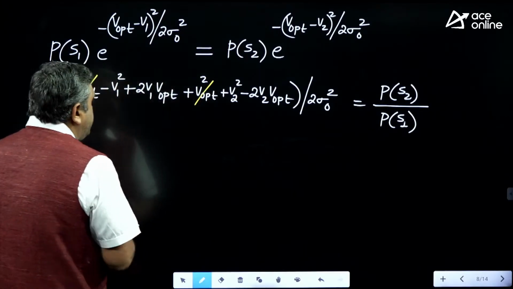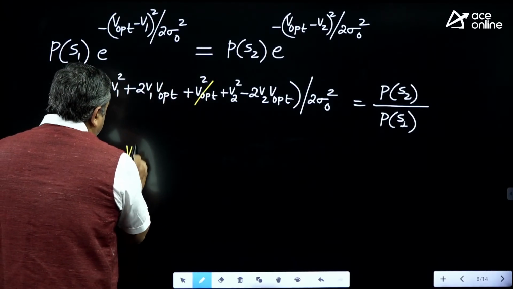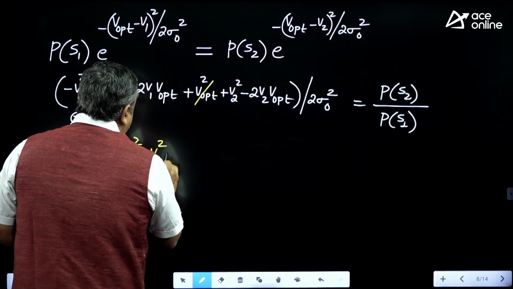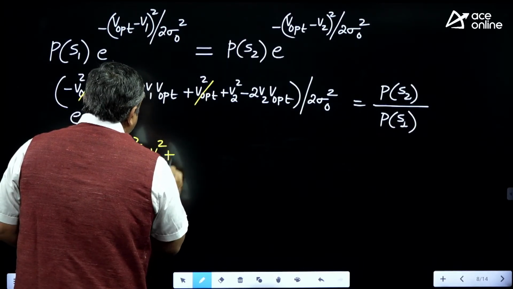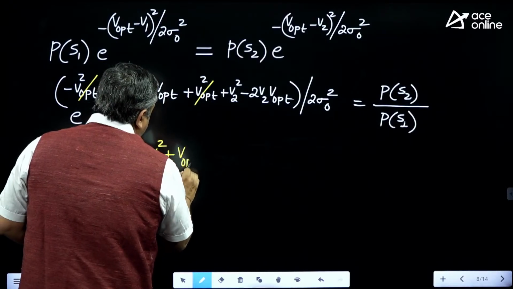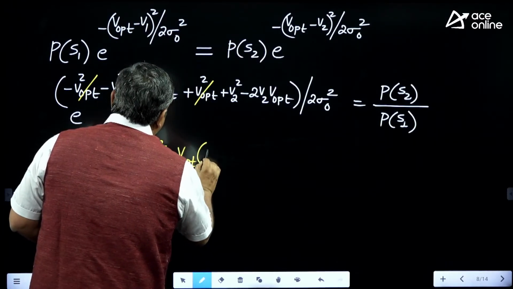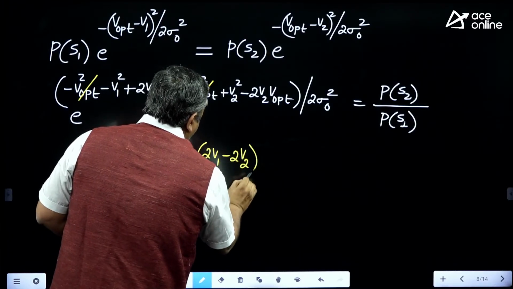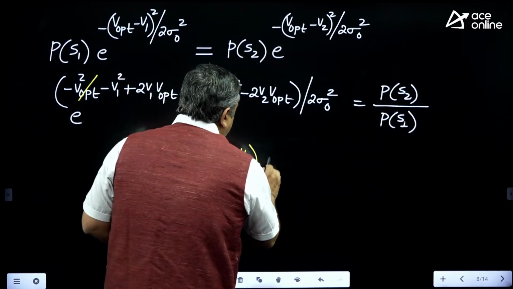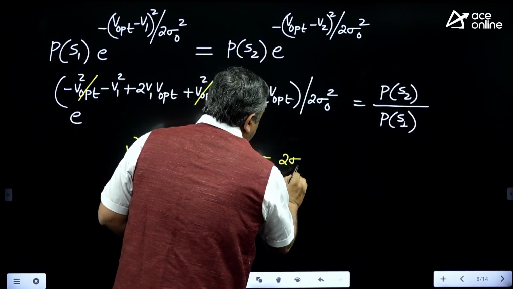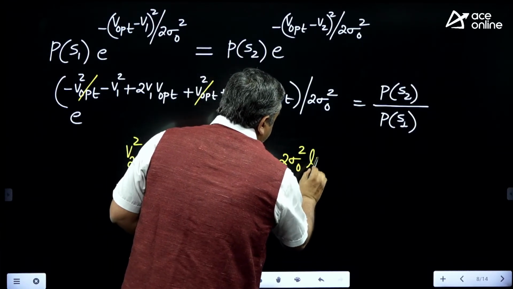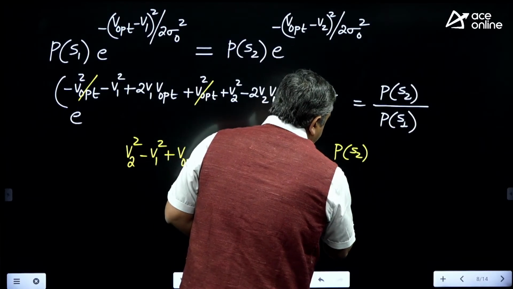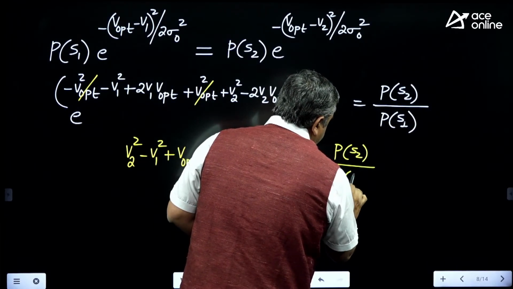So what are the components you are having here? v2 squared minus v1 squared plus, if you take VOPT as common, you are having 2 into v1 minus 2 into v2, is equal to 2 into sigma naught squared natural logarithm of P of S2 divided by P of S1.